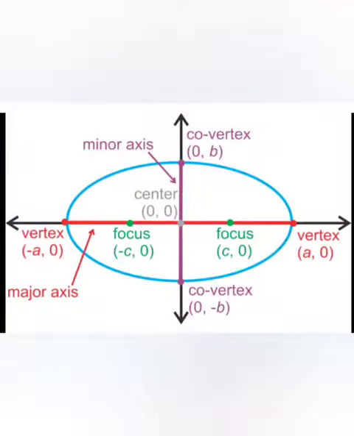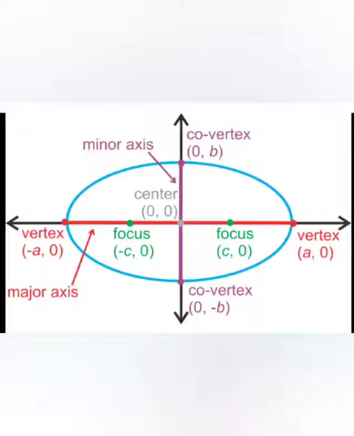Then we can write the coordinates of F1 as (-c, 0) and the coordinates of F2 as (c, 0). Since the length of the major axis is equal to 2a, each vertex is at a distance of a units from the center. Thus the coordinates of the vertices are (-a, 0) and (a, 0).